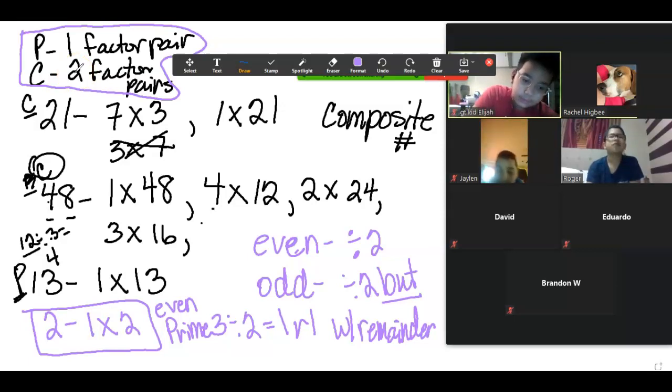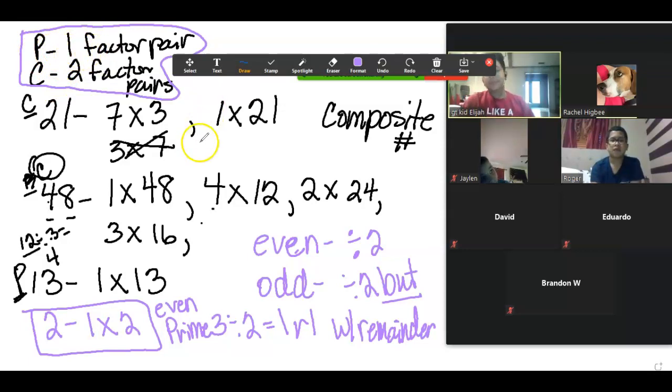It is a little bit weird. That's why I really try to point out to you guys when we're doing prime and composite that it's really important to not always think of odd and even. Don't think that every even number is composite and every odd number is prime because that's not true.